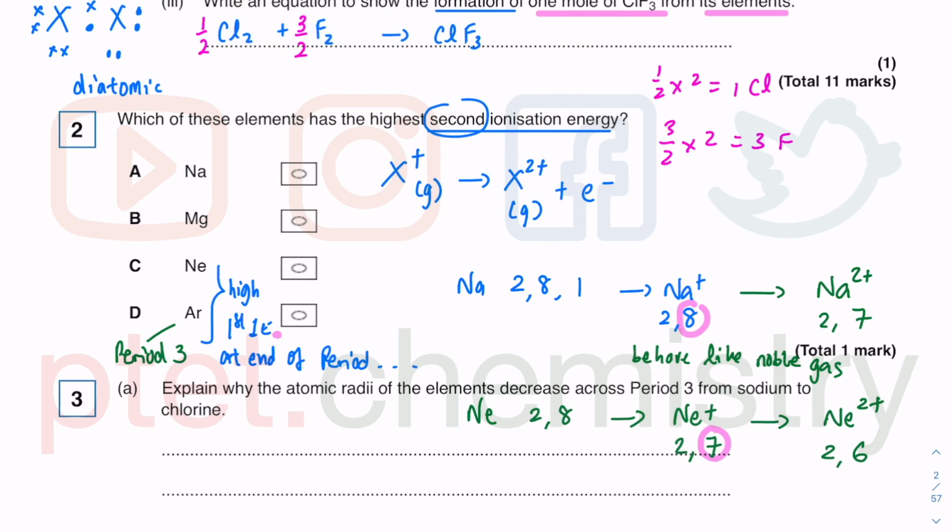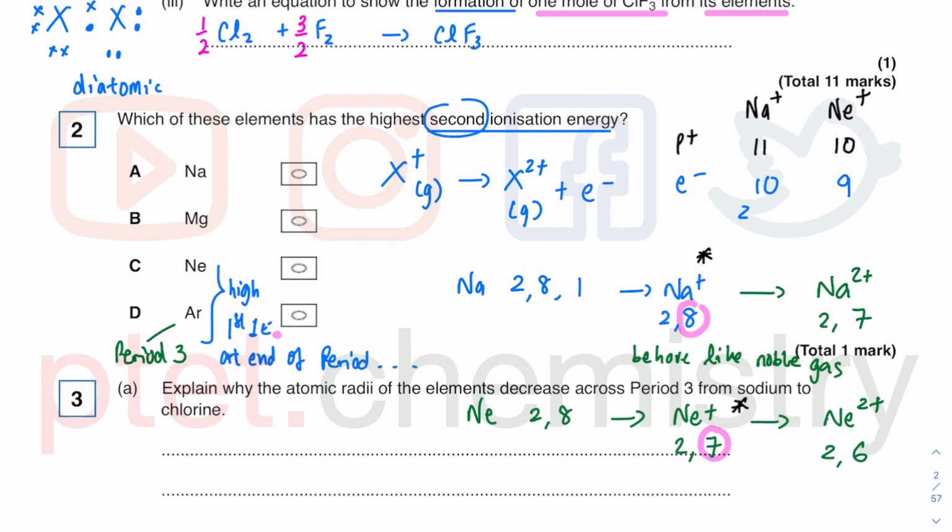We're looking at Na plus versus Ne plus. So what I can do is compare the number of protons and electrons, sodium plus and Ne plus. In terms of the protons, I have 11 protons, I have 10 protons for the neon. In terms of the electron count, I have 10 and I have 9.